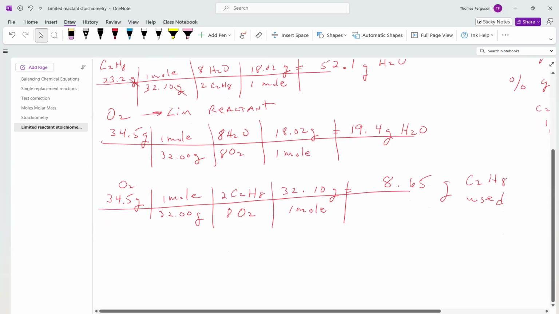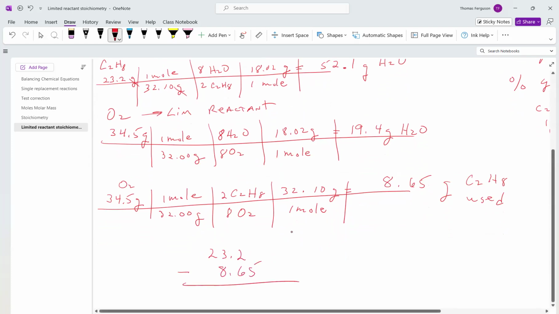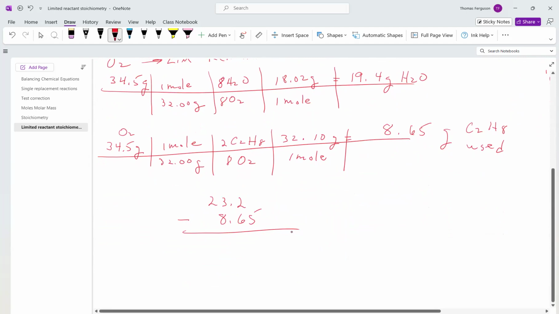That's the last calculation. Okay, so we've got 14.6 grams left over of the ethane.